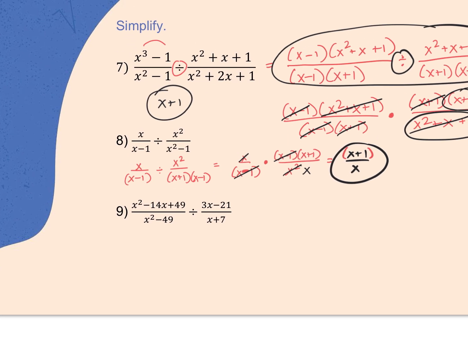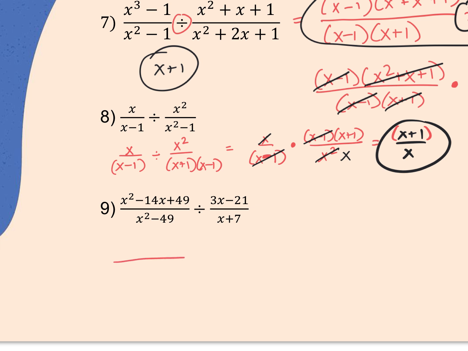And last one, again, lots of things thrown in here. Let's first factor the numerator on the left. That's going to be x minus 7 times x minus 7. Notice the denominator is a difference of squares, so it's x minus 7 times x plus 7, divided by. And then again, I'm going to factor out a GCF, so that's going to be 3 times x minus 7 all over x plus 7.